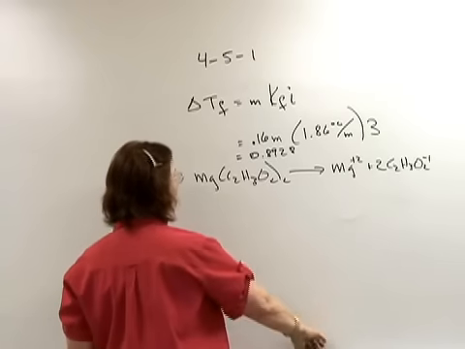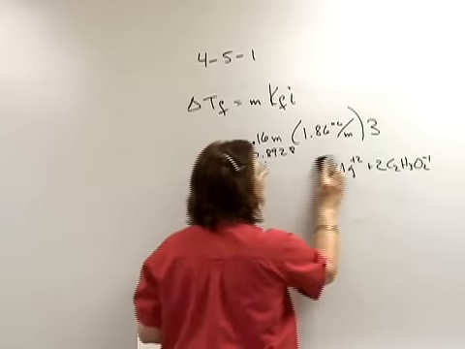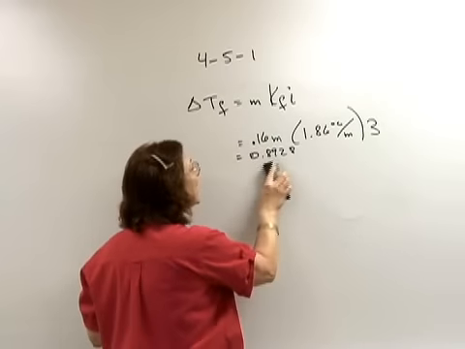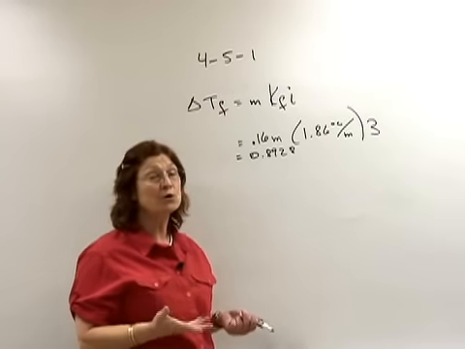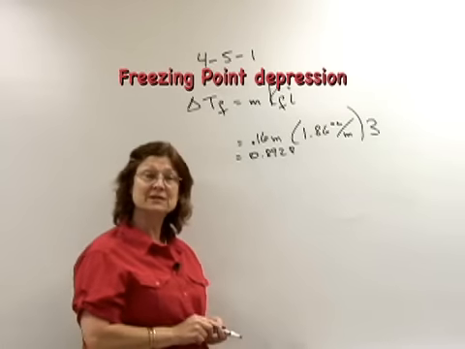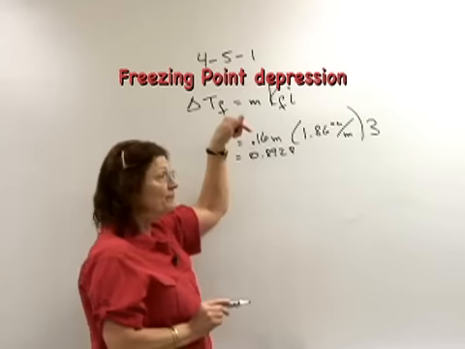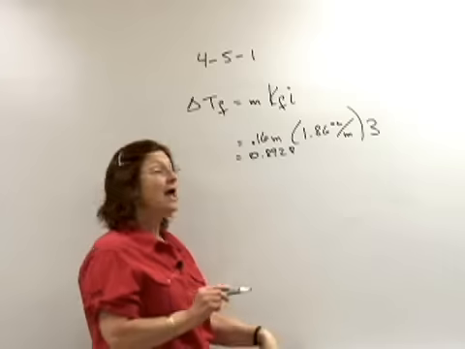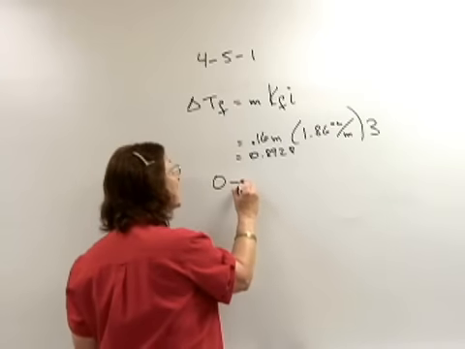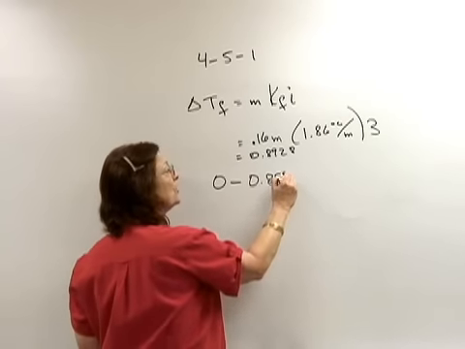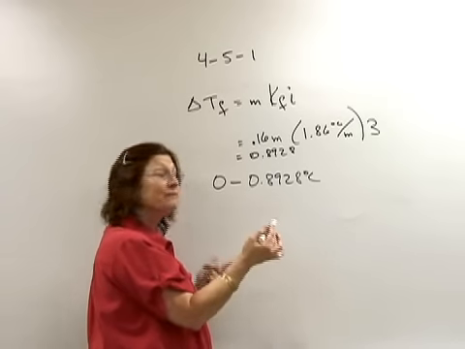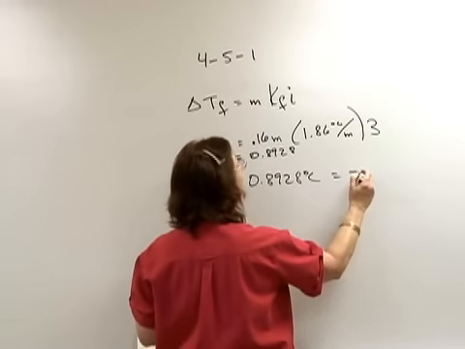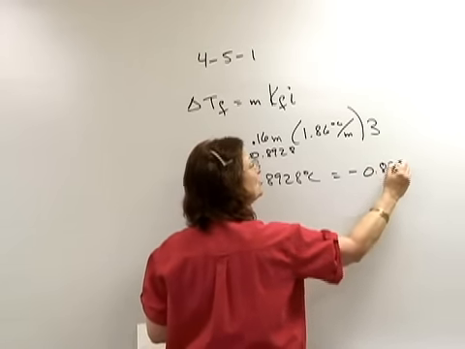And I'm going to go ahead and erase this magnesium acetate. And that is how much the change is of the freezing point. Now, water normally freezes at 0 degrees Celsius, and we said it was freezing point lowering. Therefore, I have 0 minus 0.8928 degrees Celsius, and my new freezing point is negative 0.8928.